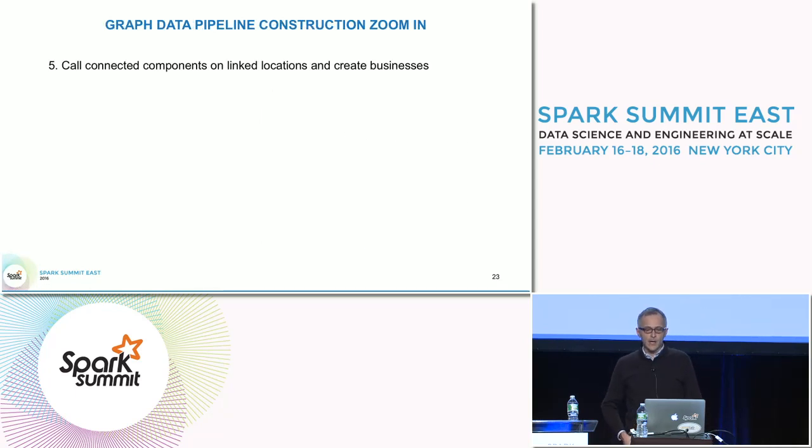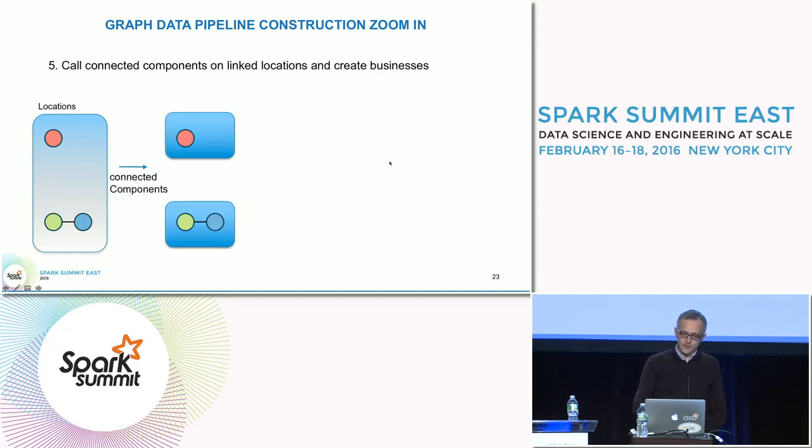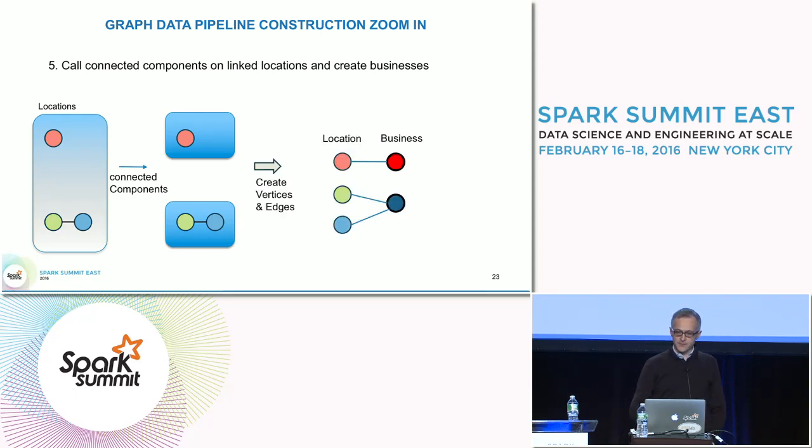In this step, we call connected components on the linked locations and create businesses. We start with the locations, we call connected components, and get two connected groups. We then create a business for each connected group. As such, in the example, we create a red business and connect it to the pink location, and create a blue business and connect it to the green and blue locations.